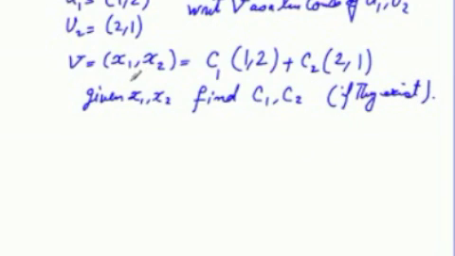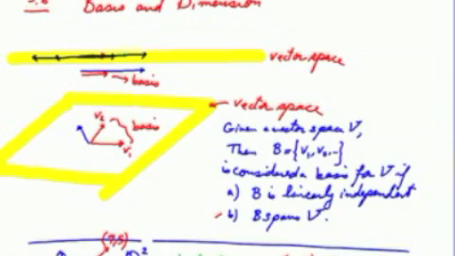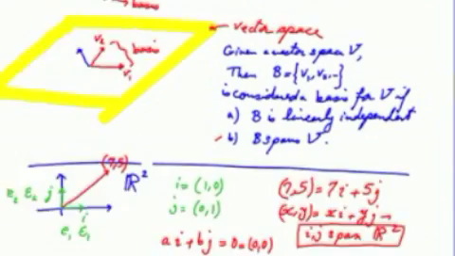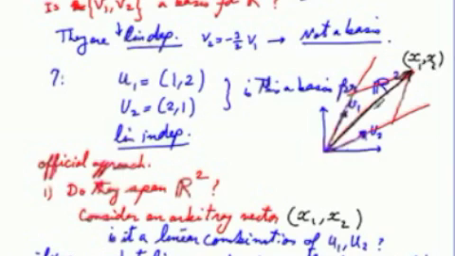Let me remind you again, what's the deal here? Some arbitrary vector is given. The question you are facing: can this thing be built out of a linear combination of these two?